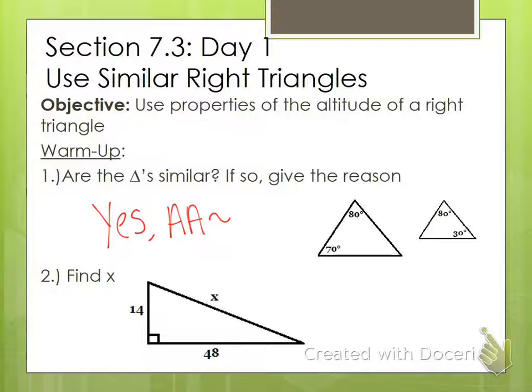The way they have them labeled, we would need to know the third angle of one of them, but we could easily figure out this missing angle is 30 degrees if we take 180 minus 80 minus 70. So then, yes, at least two of the angles are congruent.